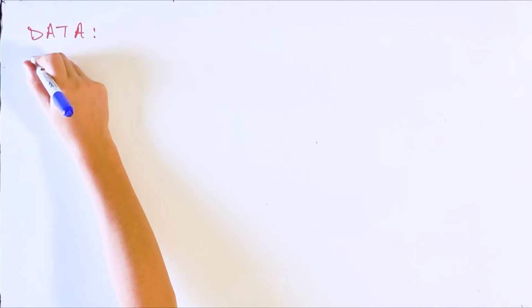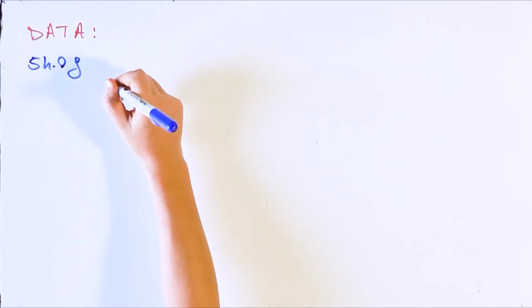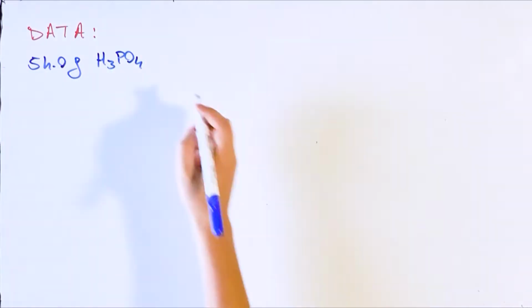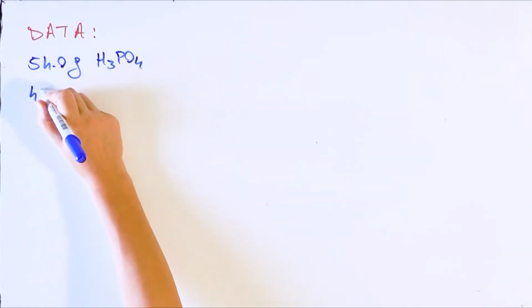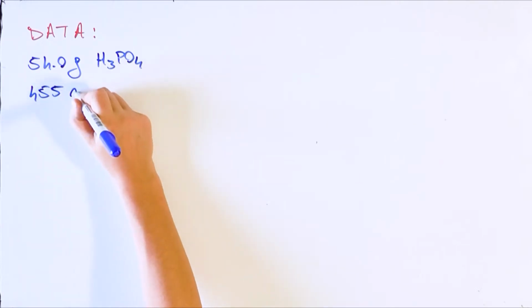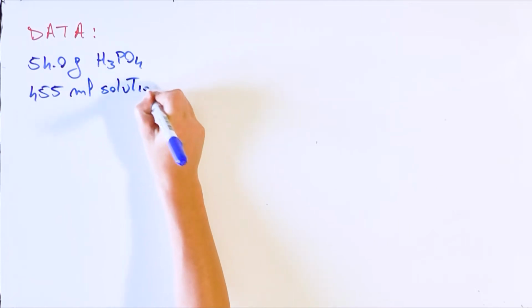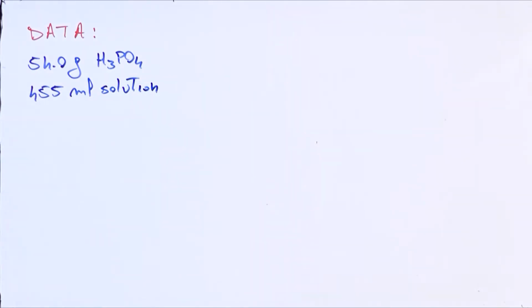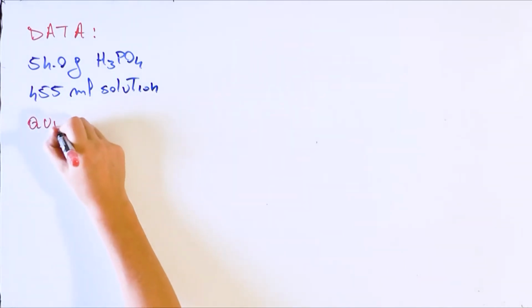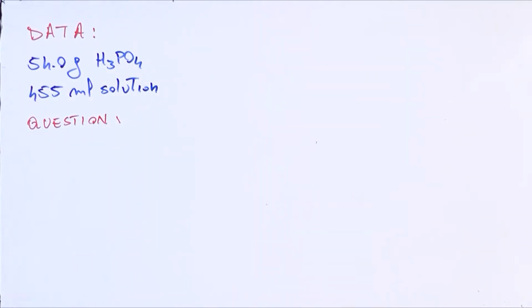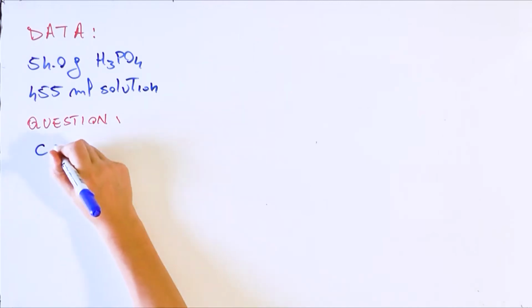We have a solution which is made with 54 grams of phosphoric acid, which were dissolved in 555 milliliters of total solution. Now, the question is, what is the molarity of this solution?